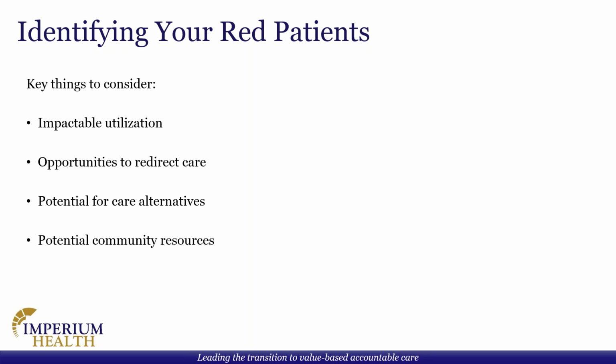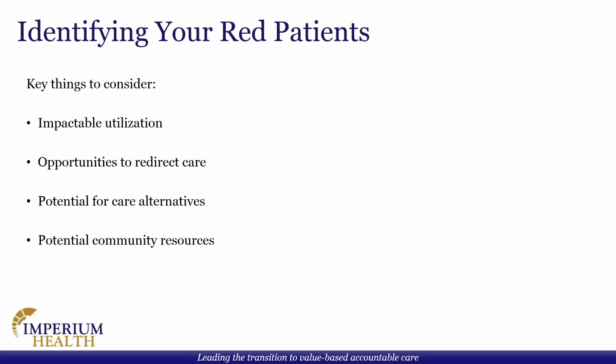As I'm looking to identify a red patient, or a patient that we feel like we can really focus on, what I want to prioritize are patients whose utilization I feel I can impact, where there's an opportunity to redirect care. Maybe it's a patient that's going to an emergency department that we could redirect to a clinic visit, or a patient that's receiving home health services that we could transition to chronic care management.